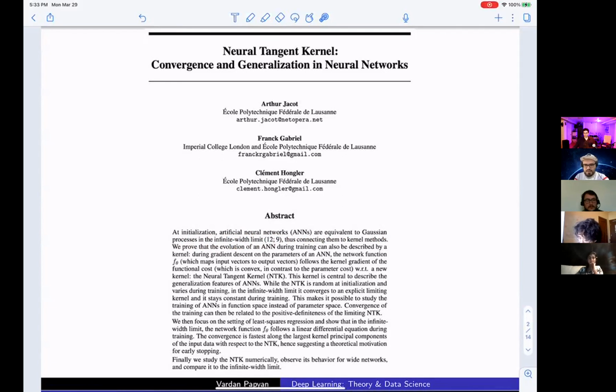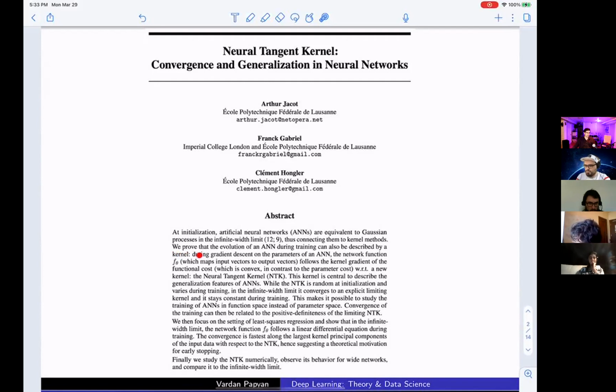They're referring to what we were just discussing, thus connecting them to kernel methods. Because the layers have a Gaussian distribution, you can show that it's connected to a kernel method based on this equation that I showed when Tristan asked his question.